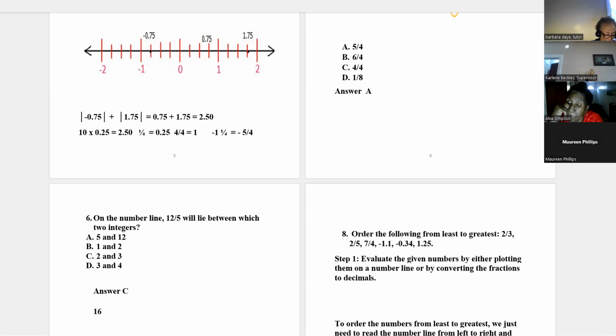Suppose I said 42 divided by 7. What would be the answer?